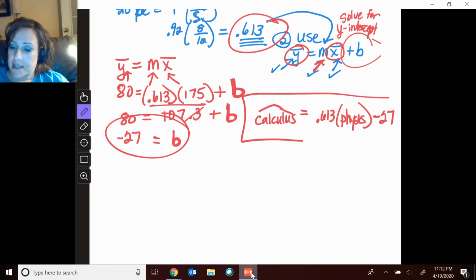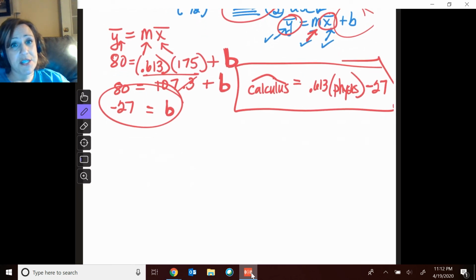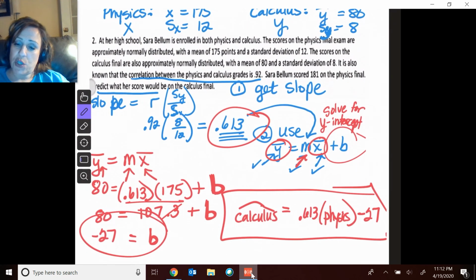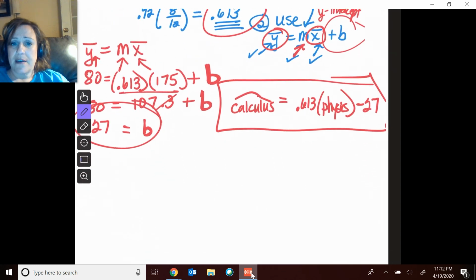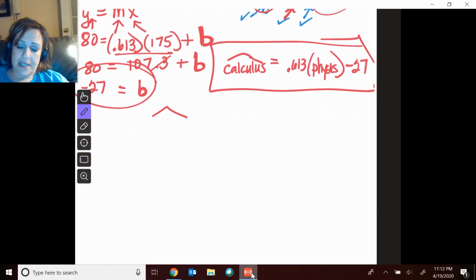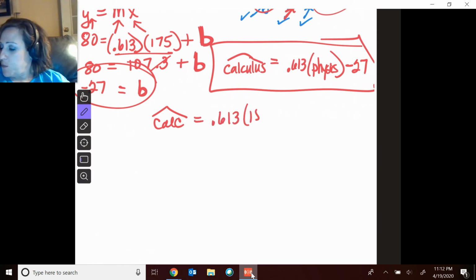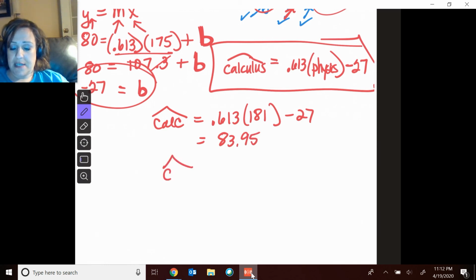So here is my equation of the line, and now I can answer the question, which asks me to predict Sarah's score on the calculus if she makes 181 on the physics. I'm going to fill in 181 on the physics, and that comes out to be 83.95. So Sarah is predicted to make an 84.